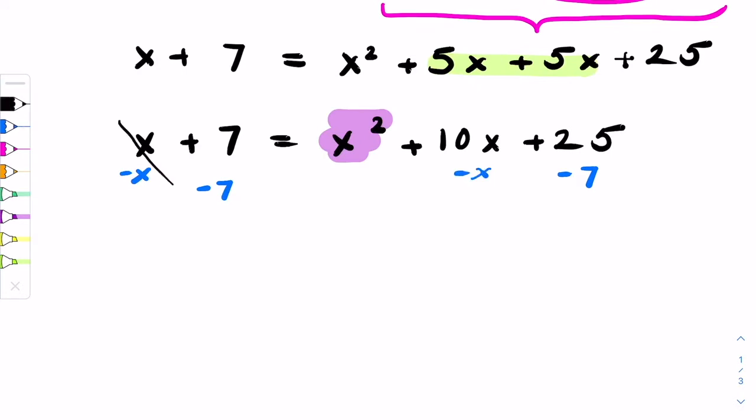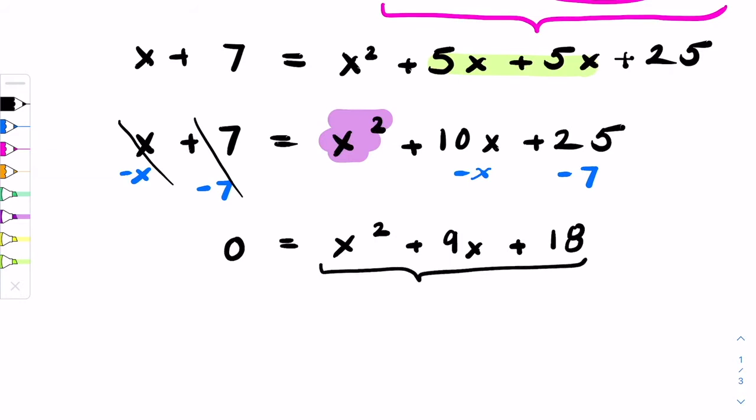This will create a 0 on the left. This is equal to x squared plus 9x plus 18. And at this point, you can factor, or use the quadratic formula, either way, because this is equal to 0.